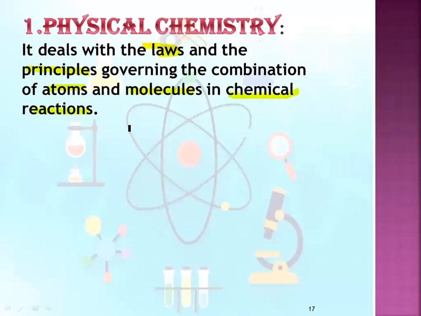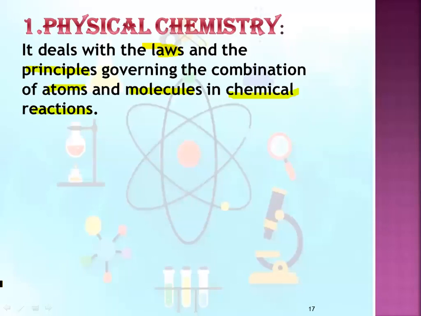Basically, in physical chemistry you will study the laws and principles that are required for the combination of atoms and molecules in chemical reactions. You know what chemical reactions are? In any chemical reaction, atoms and molecules join together to make a certain product, and you will read all the laws and principles regarding those combinations in physical chemistry.